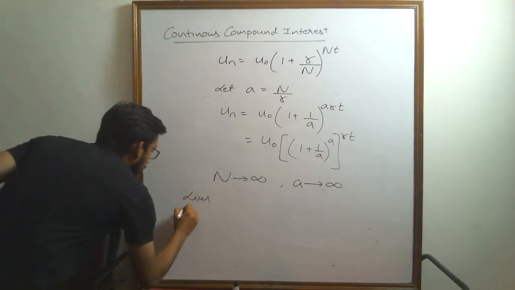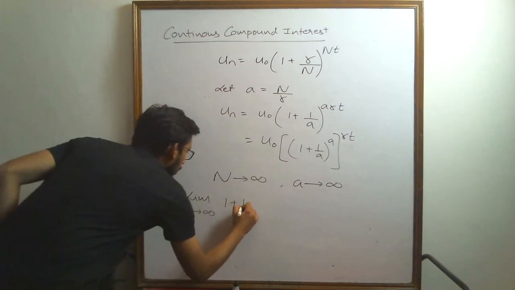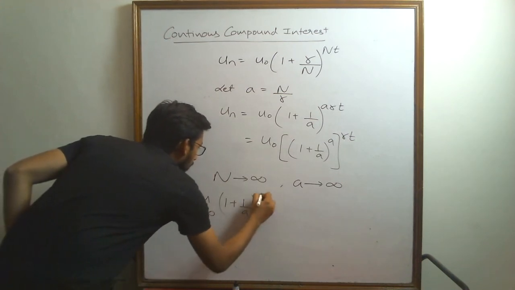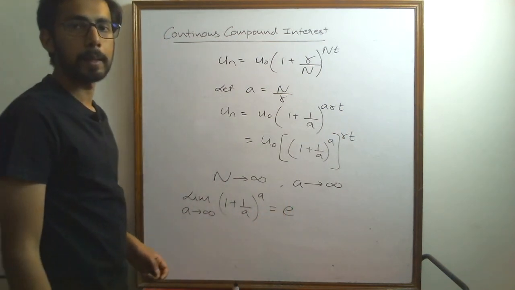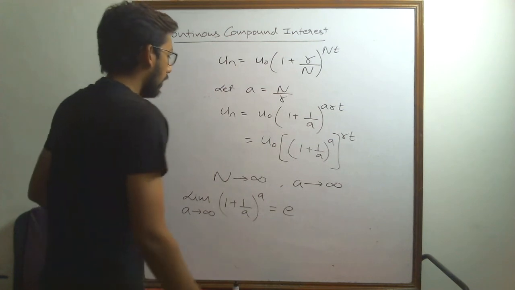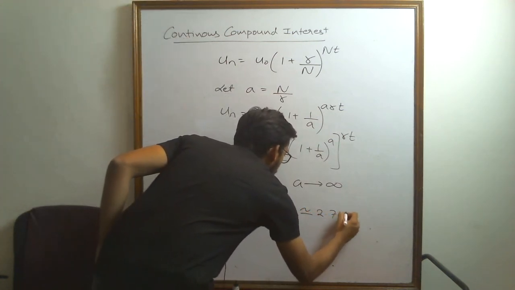Now, in limits, we have that limit a tends to infinity, 1 plus 1 upon a whole to the power a is equal to e, and e is approximately equal to 2.718.